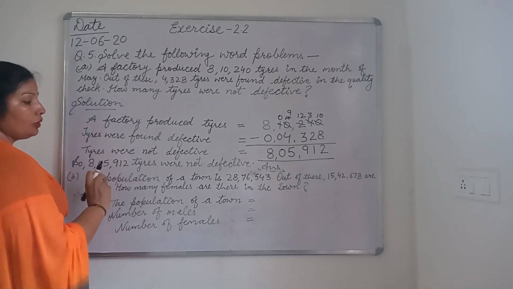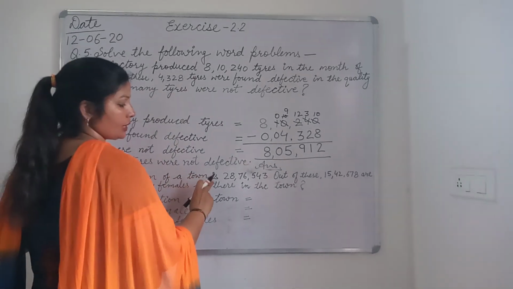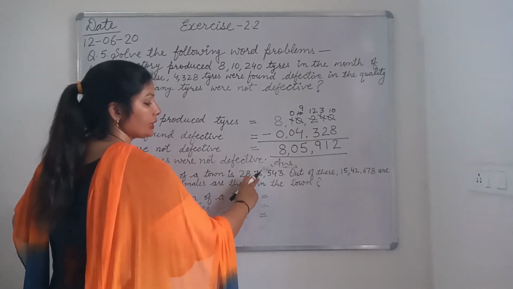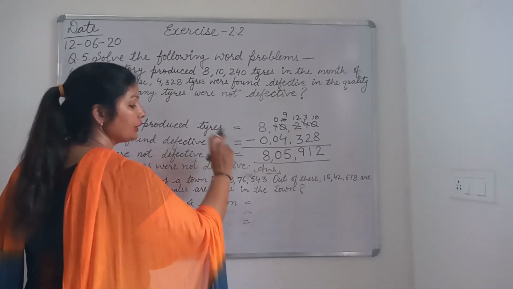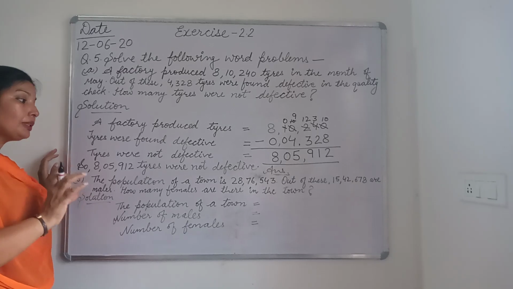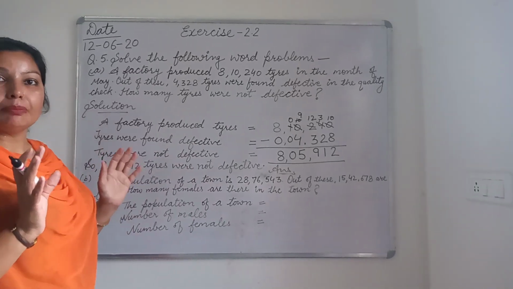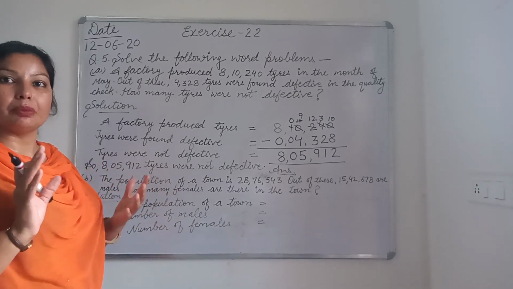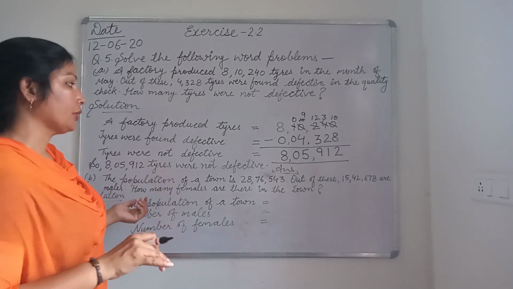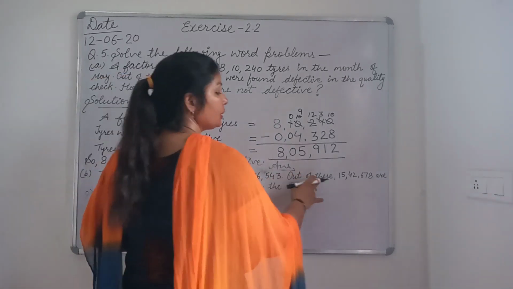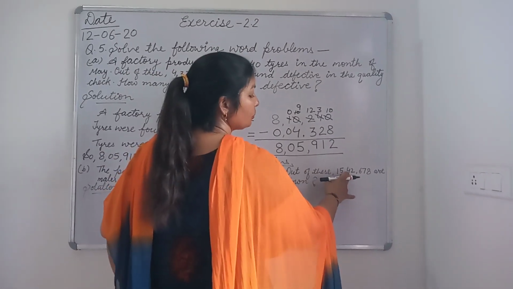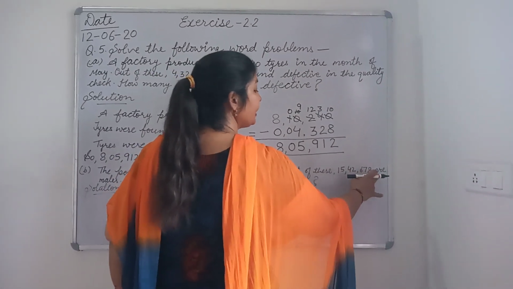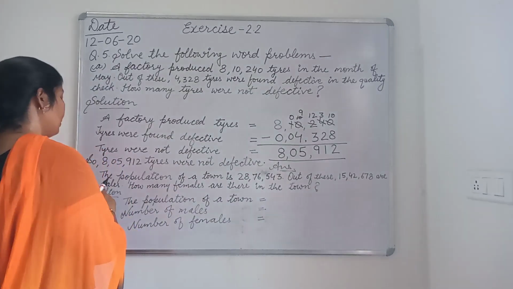The population of a town is 28,76,543. This is the population of the town. Population means people, how many people are living there. Now out of these, 15,42,678 are males.